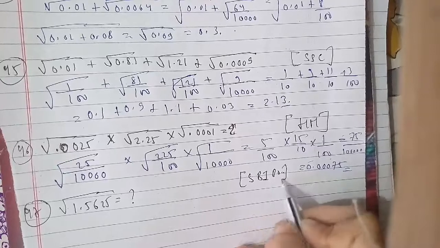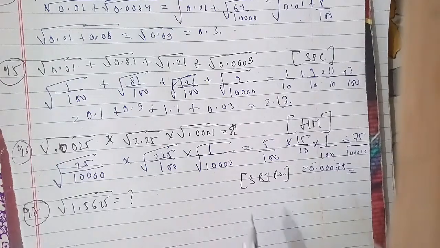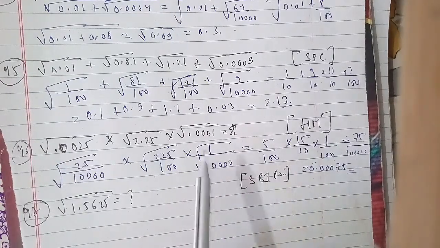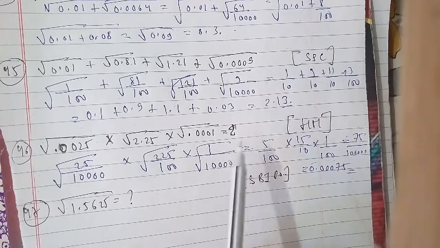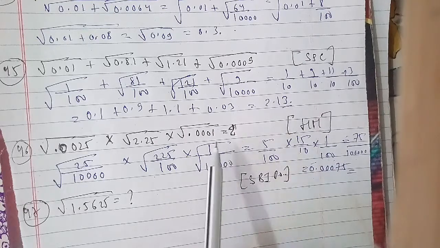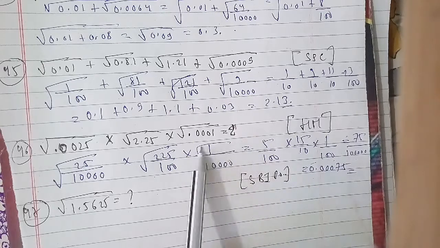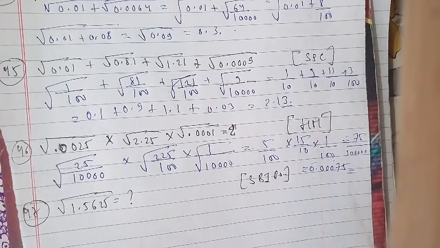We'll get it as an answer here. Now for that, under root 1.5625 equals to 1.25, that we will get as an answer here.